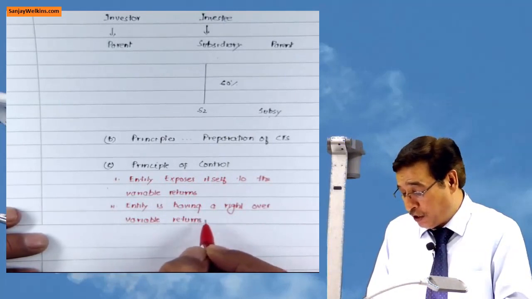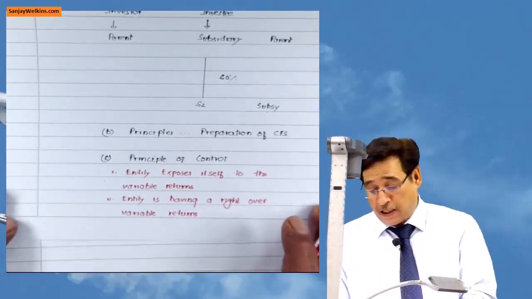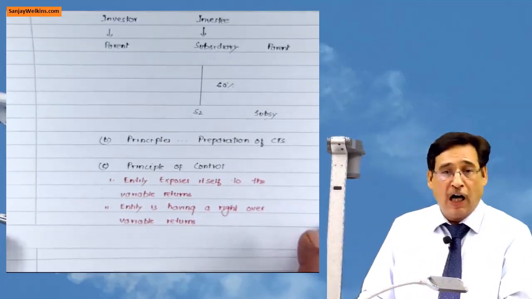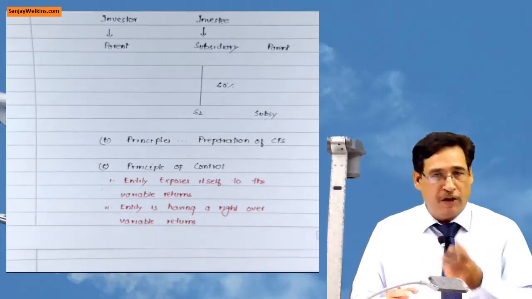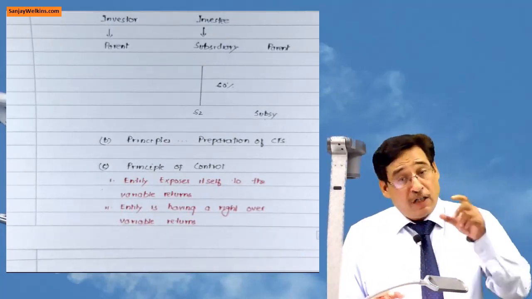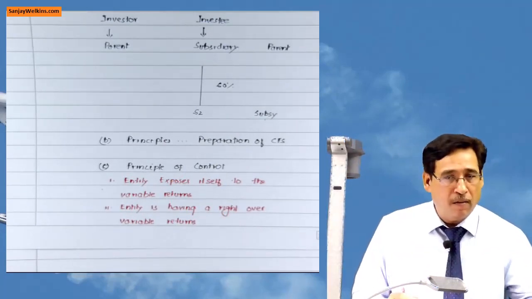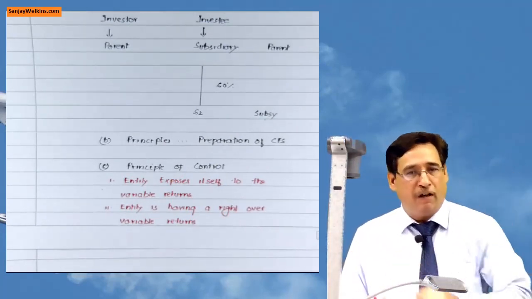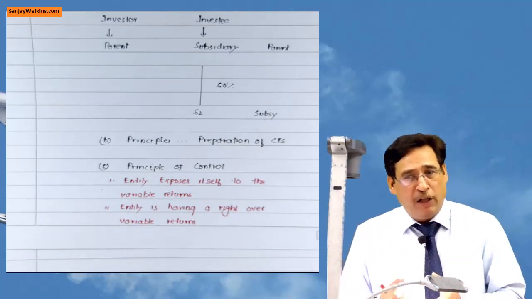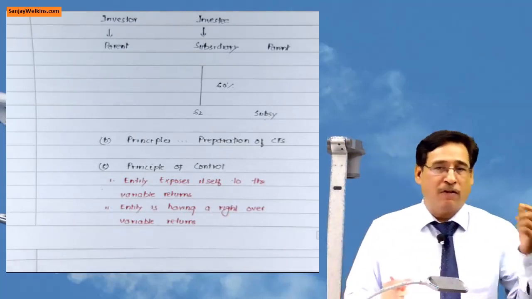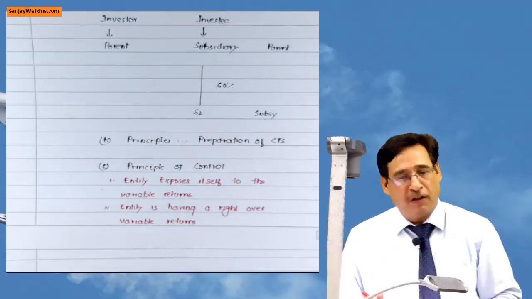But the point here is that the entity is exposed, or the entity is having a right. How will this exposure and right flow to the entity because of its involvement in the investee? And how has the involvement taken place? Because we have invested some amount in the investee.